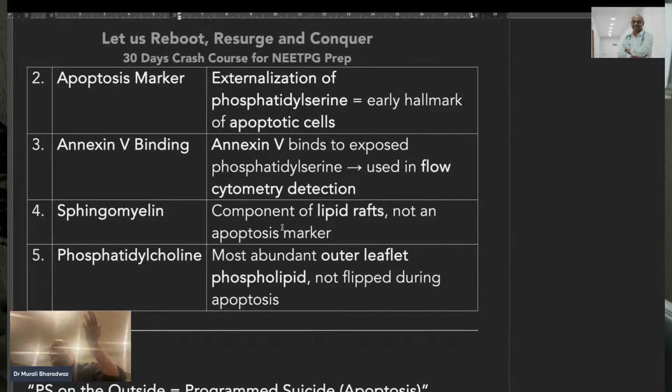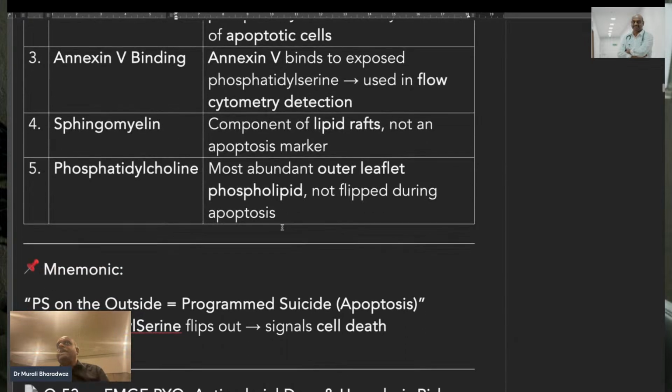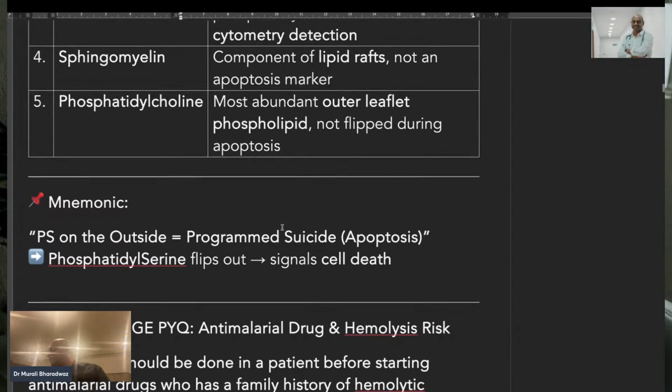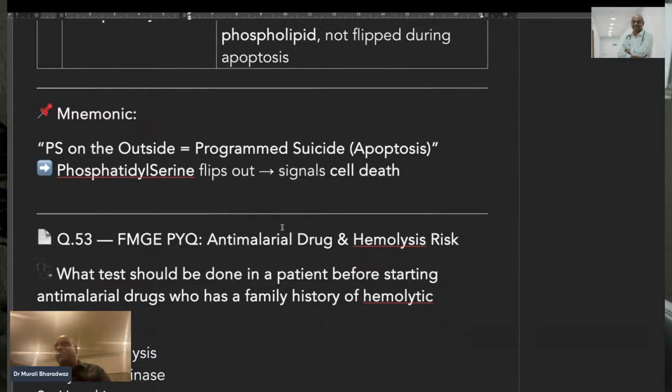This annexin 5 binding is also used in flow cytometry detection in vitro for identification. So read apoptosis thoroughly; there is no paper without a question on it.